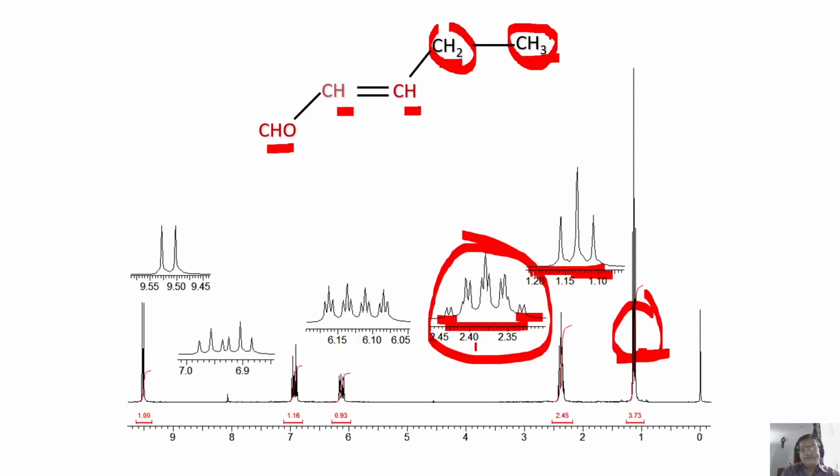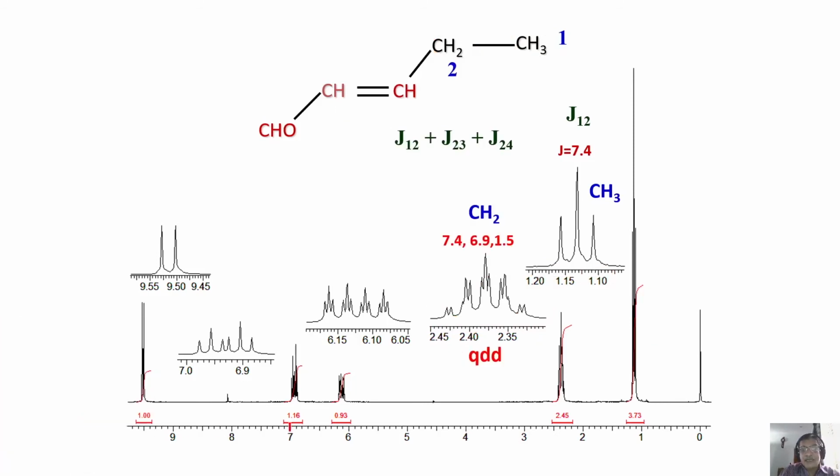Let us assume that. We go further. That is done, and this is true. But not only that, interestingly, this proton experiences coupling with this also. As a consequence, long range coupling is there. It is going to be a quartet.